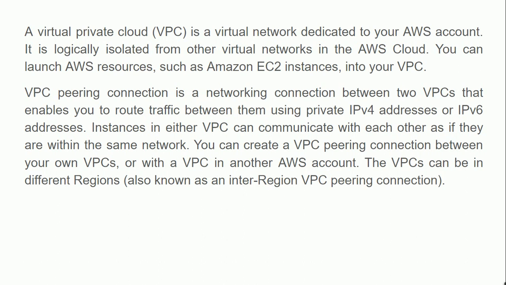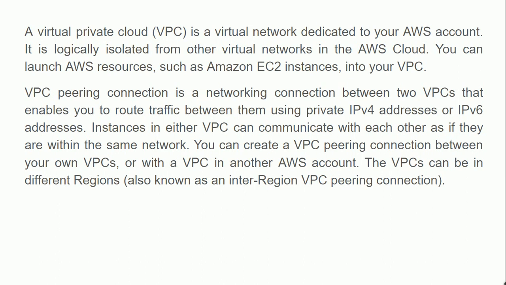Now, what is the usage of VPC peering? A VPC peering connection is a networking connection between two VPCs that enables you to route traffic between them using private IPv4 or IPv6 addresses.